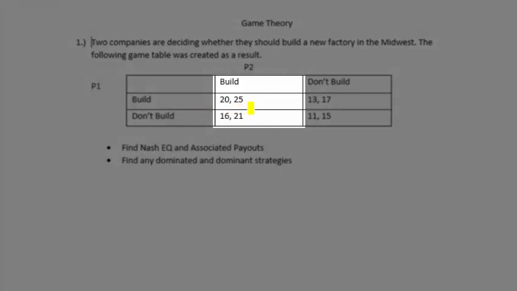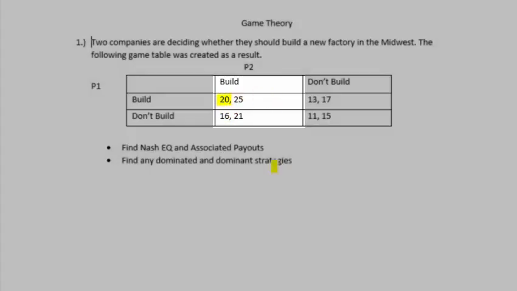So if player 2 builds, we look at the first number of 20 or 16 for player 1, because the first number is always player 1's payout, and the second number is always player 2's payout. We compare the first two numbers in this column to see which decision player 1 would make. So 20 is higher than 16, so player 1 would choose build if player 2 was to choose build.